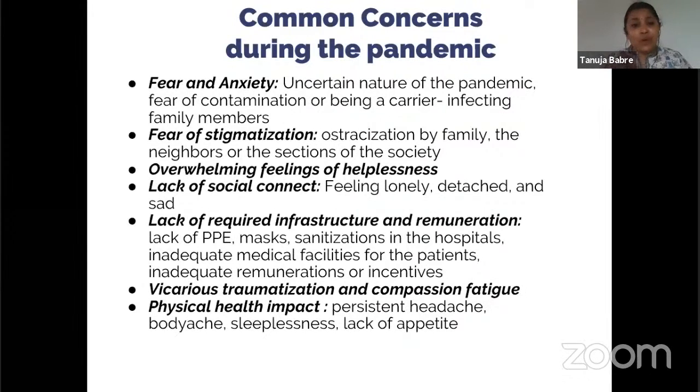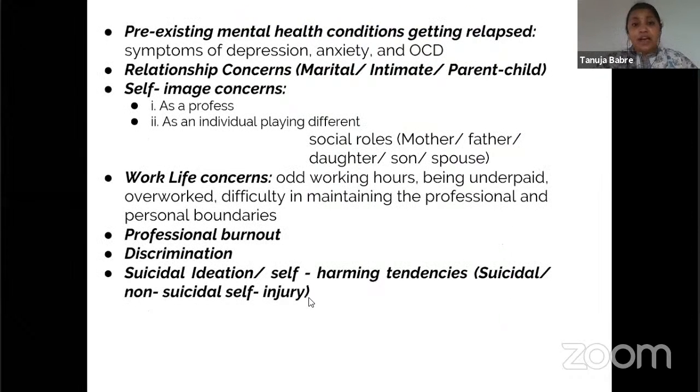Say headaches, body aches, sleeplessness, lack of appetite, feeling withdrawn or not being interested in things that you'd usually involve yourself in emotionally, or feeling detached from your loved ones, from your friends, and so on. Of course, the pandemic has been particularly difficult for people who may already have been struggling with depression, anxiety, OCD, or any other physical health conditions.